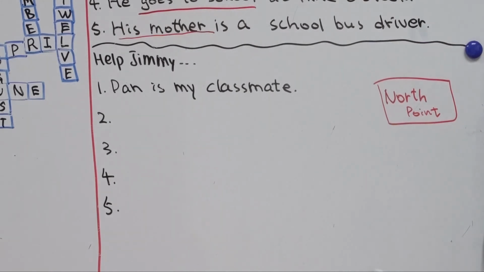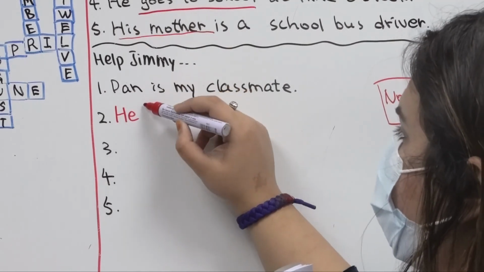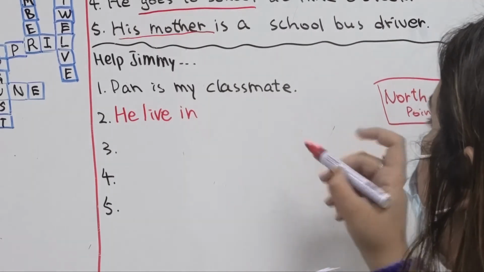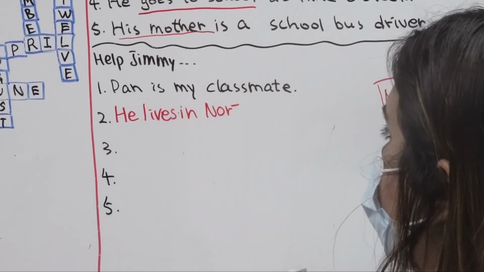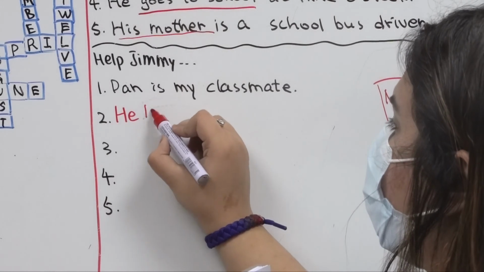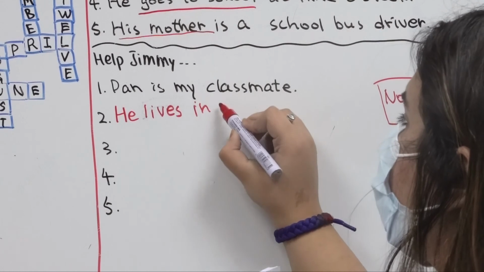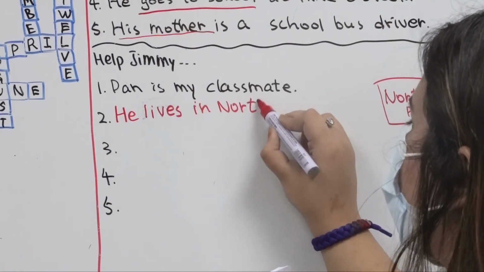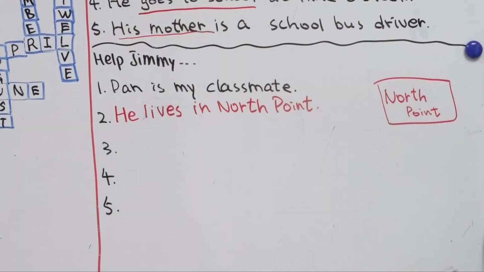So you're going to write he lives in North Point. Let's do it again. He lives in North Point. So please write that down.